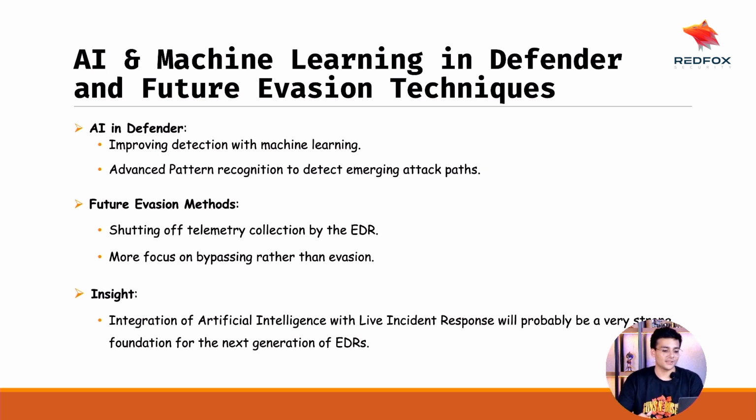Some evasion methods which should work with EDRs have more to do with shutting off the telemetry, like if they're collecting stuff and then raising alerts. Like there's Event Tracing for Windows. If we can stop ETW, which is essentially the eyes and ears of the EDR, then it does not get to know what's happening.